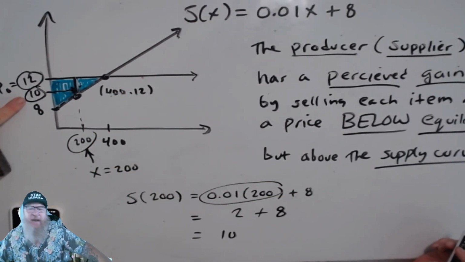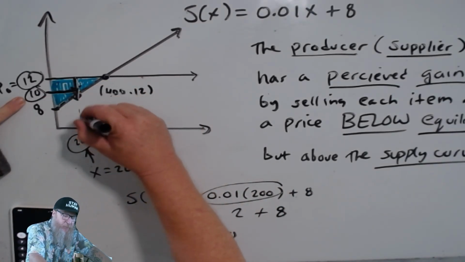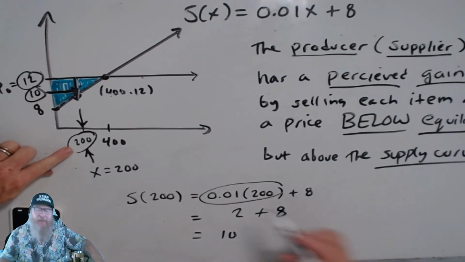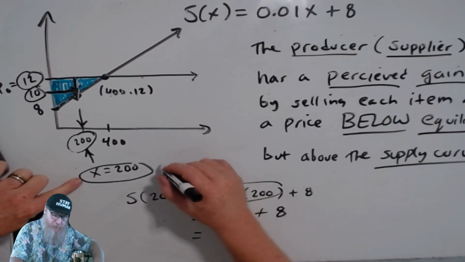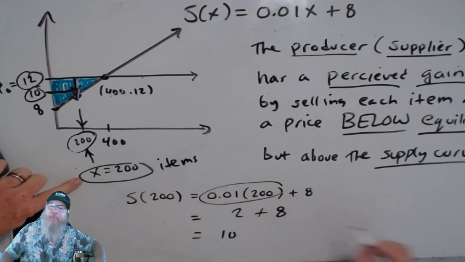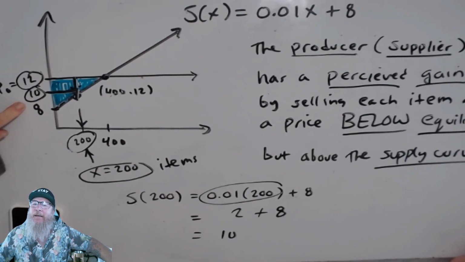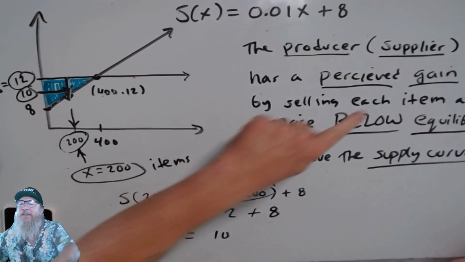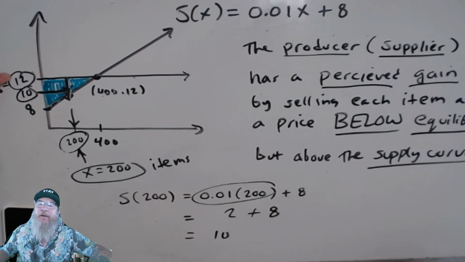So if the price was $10, then the demand would be 200 units, or 200 items are demanded at a price of $10. And so the supplier is saying, well, the equilibrium point is 12, right?